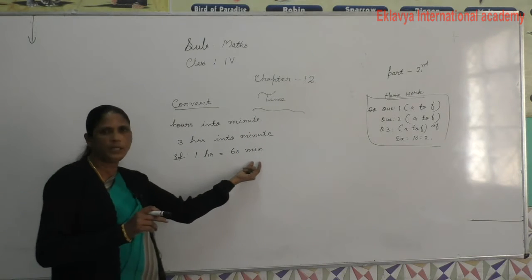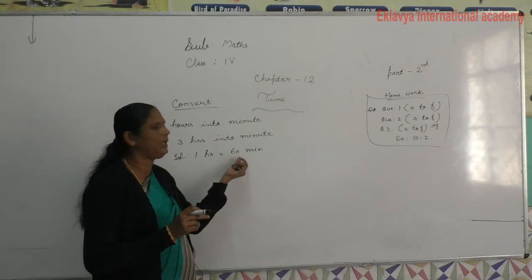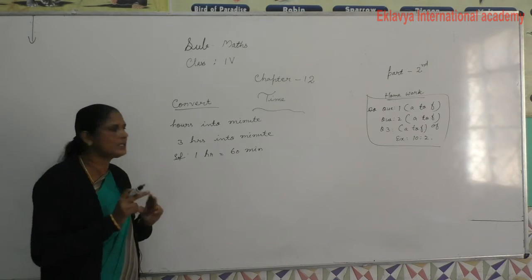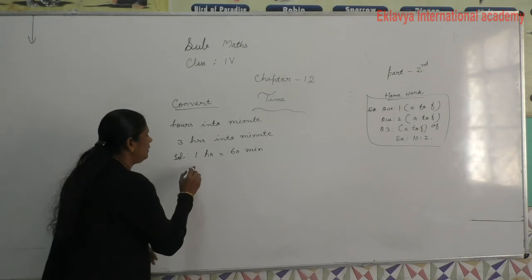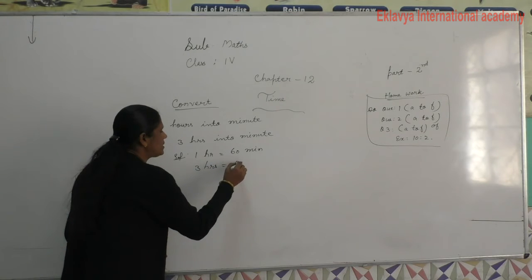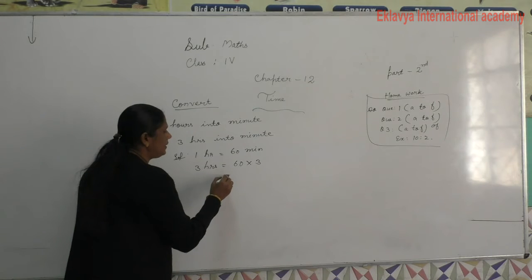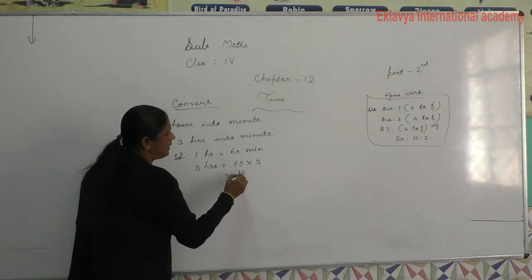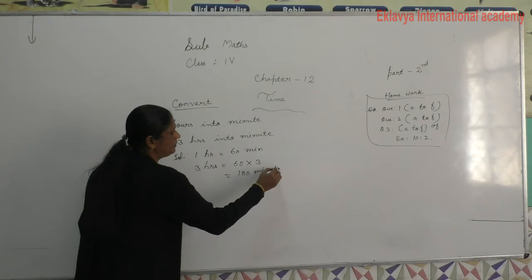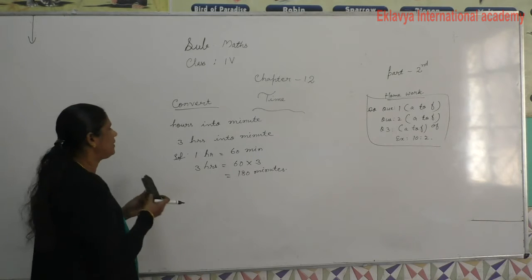Minute is smaller, so we multiply by 60. 1 hour is equal to 60 minutes. Then 3 hours is equal to 60 into 3, that is 180 minutes.